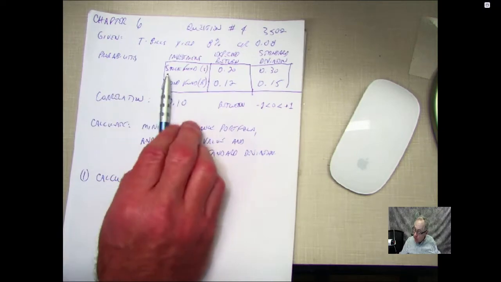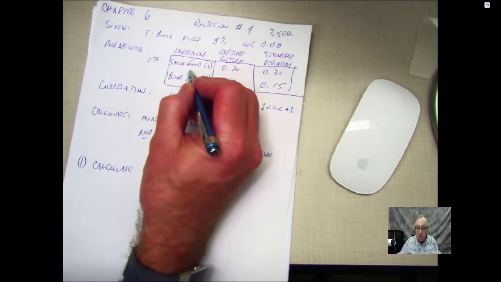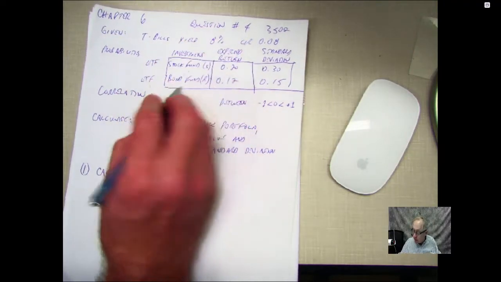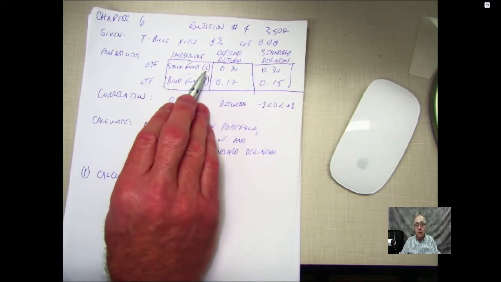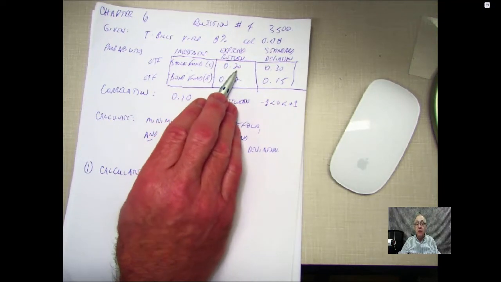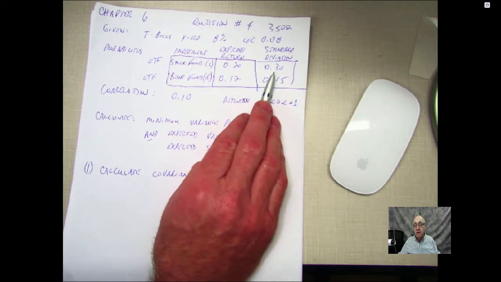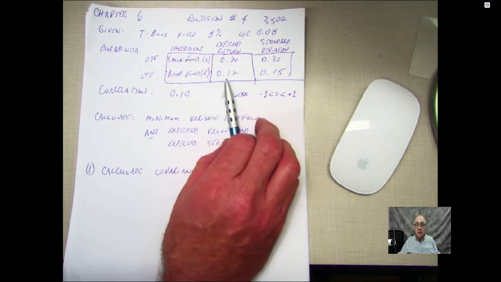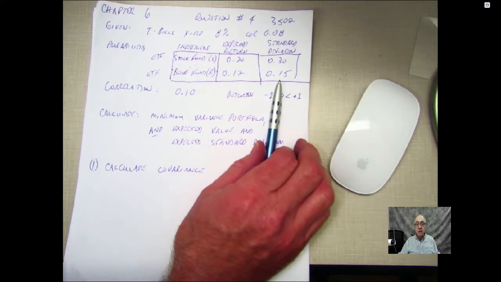We have, say, an ETF, exchange traded fund, for the stock market, or an ETF that tracks the bond market, or a mutual fund. The stock fund, symbol S, has an expected return of 20% in the next year, with a standard deviation of 0.3 or 30%. The bond fund has an expected return of 12% and a standard deviation of 15%.